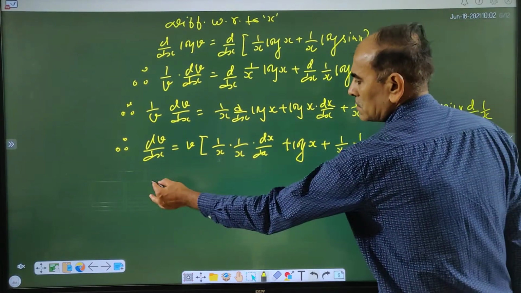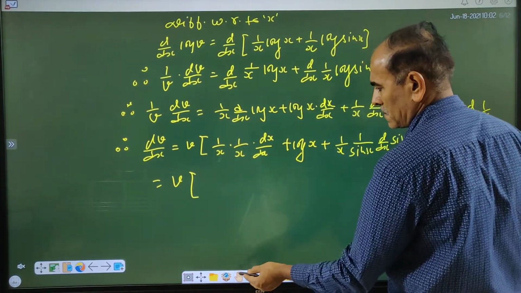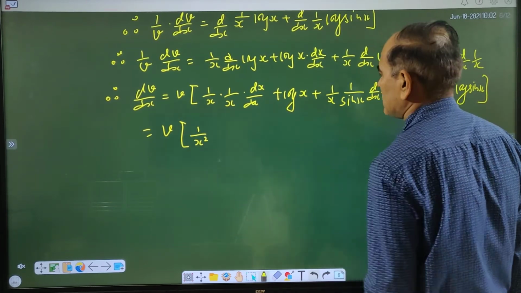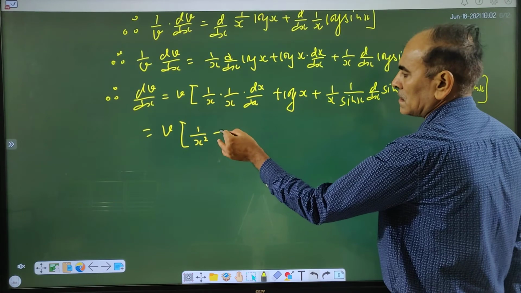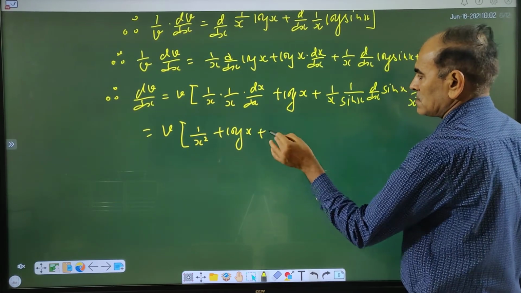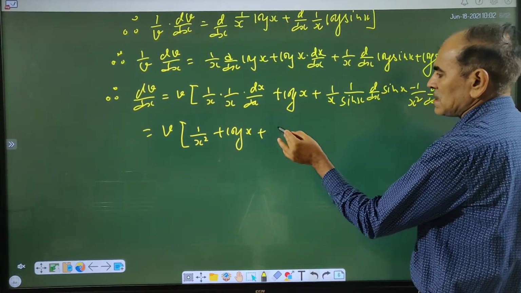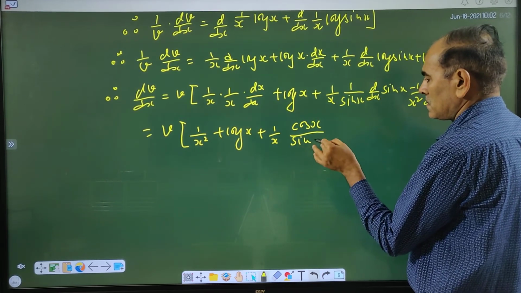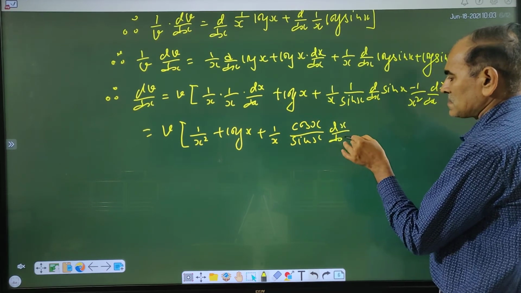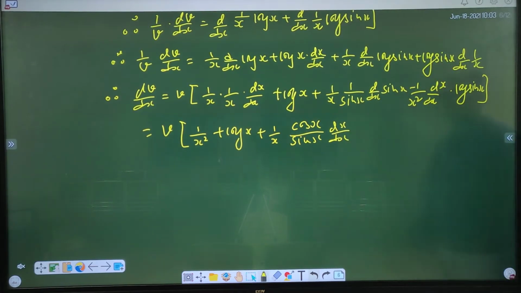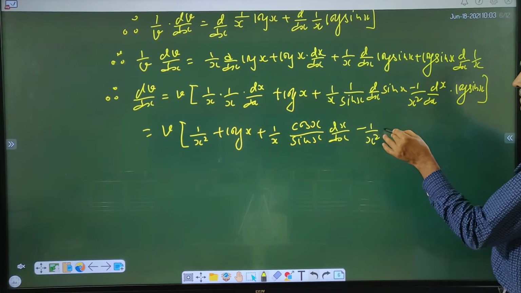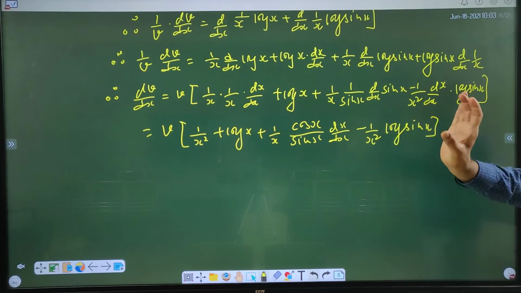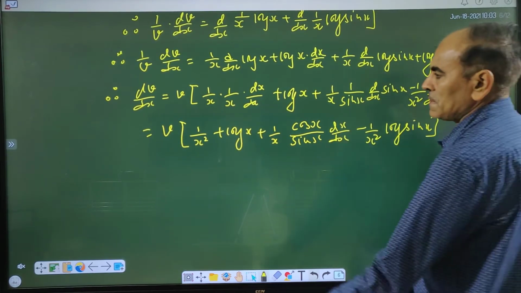So that is equal to v. This comes out 1 by x squared, plus this comes out log x, d by dx of sin of some function, cos of some function, d by dx of some function. And here what do we get? Minus 1 by x squared log sin x. Where dx by dx is 1. Now replace the value of v.